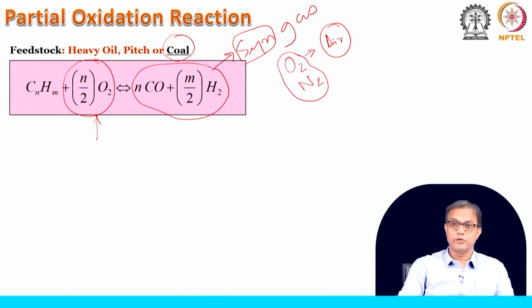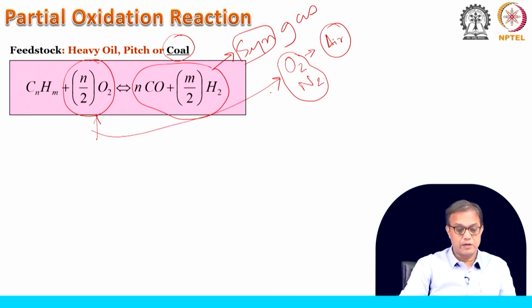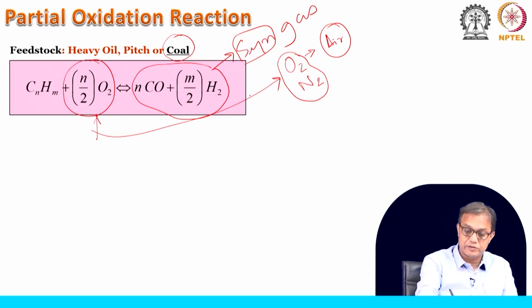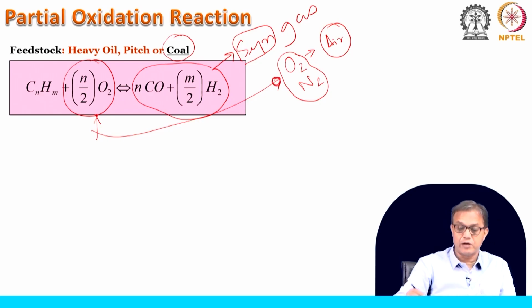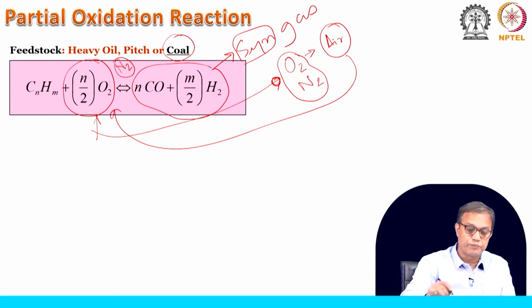So, if we are using oxygen purely, it can come from air itself, but one can also use air directly, and that air will be mixing with inert N2.